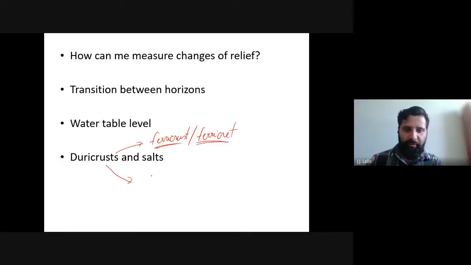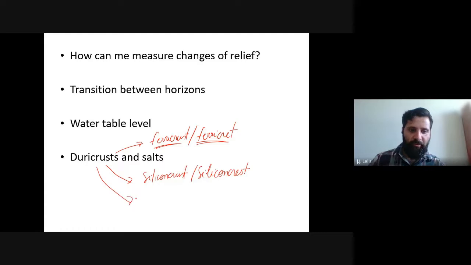You can find some silcrete or silcrust. You can also find magnesium, even with organic matter. You can also find aluminum, gibbsite crusts, okay? And iron, silicon, magnesium, organic matter, aluminum, manganese. It's not so common, but you can find some.